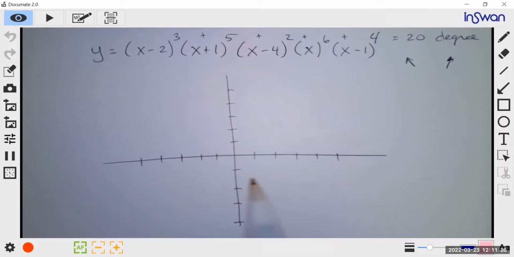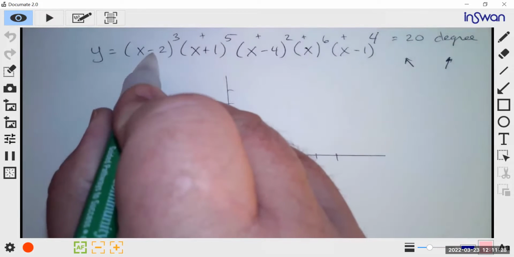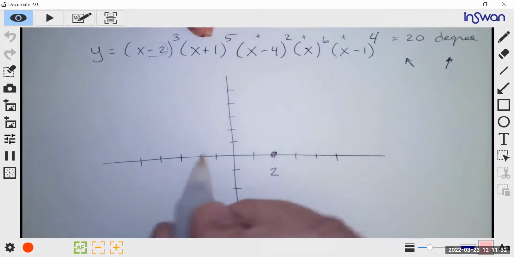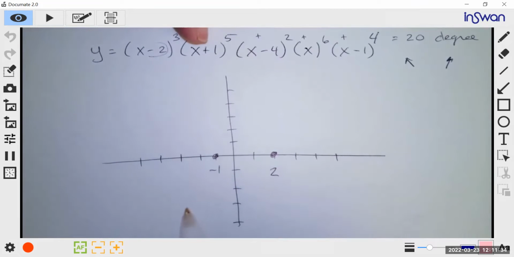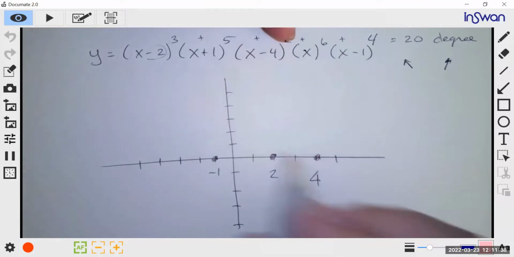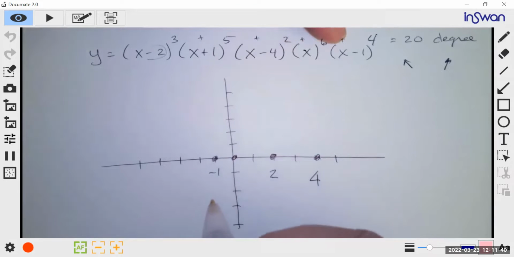So let's find the x-intercepts. This one is going to be 2, -1, +4, 0, and +1.